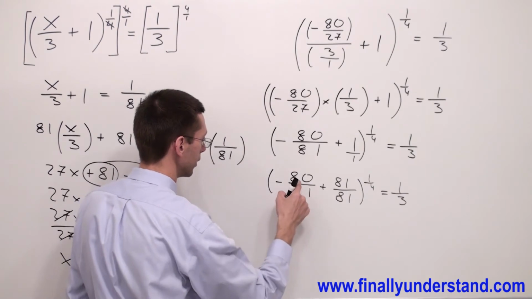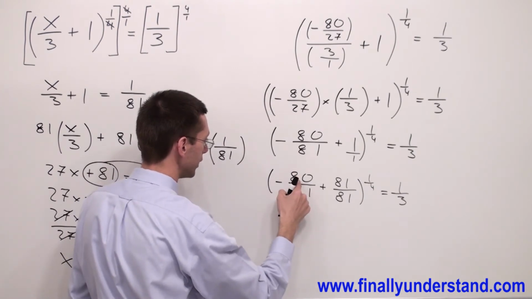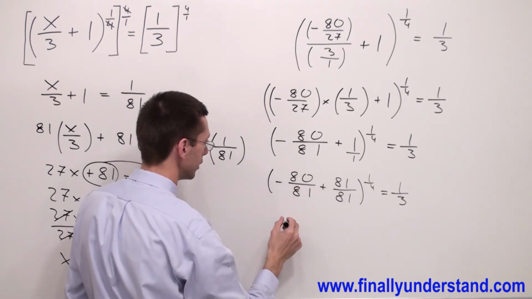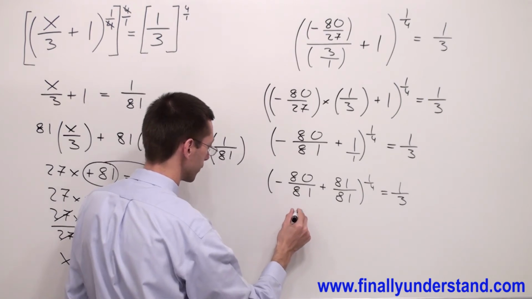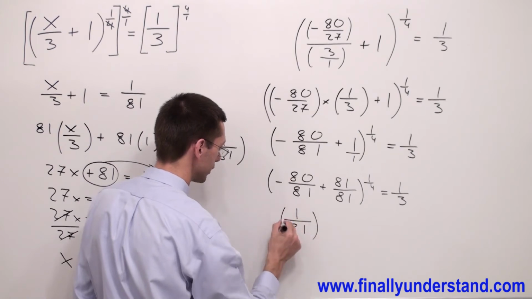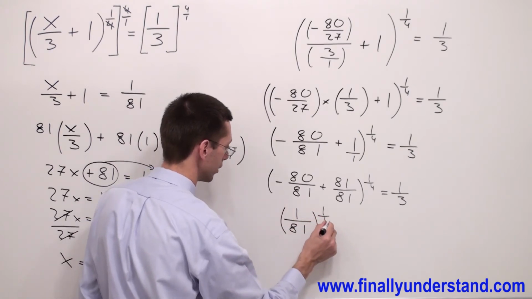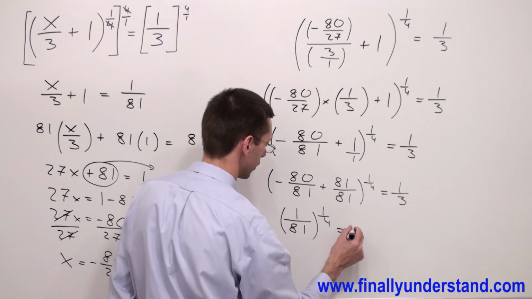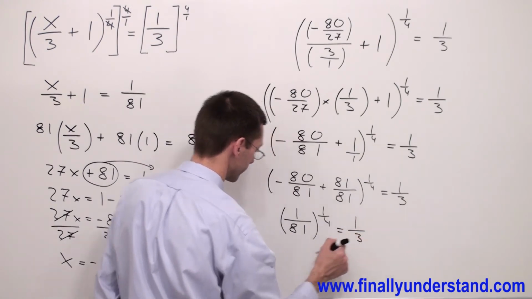Now, negative 80 plus 81 is equal to 1 over 81. Everything is raised to the power 1/4 equals 1/3.